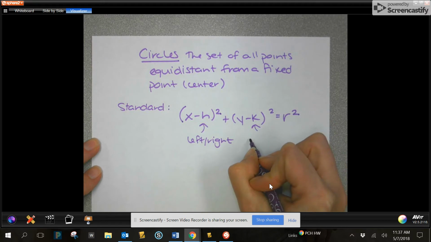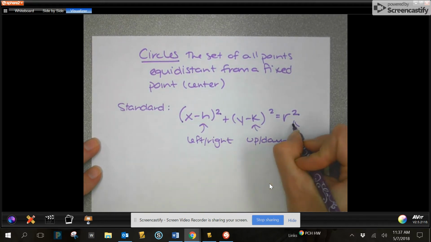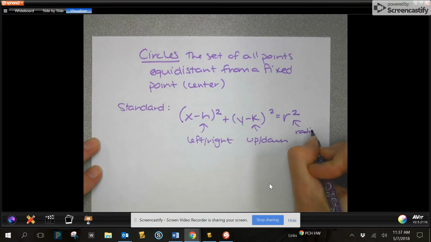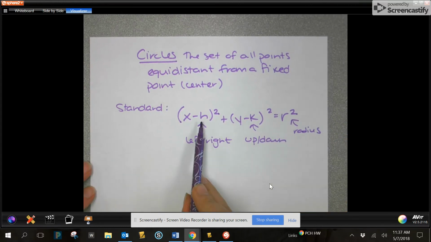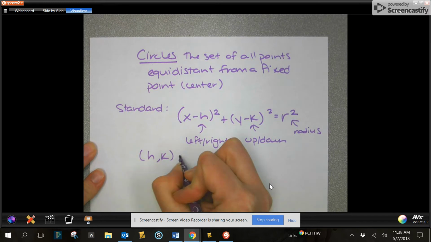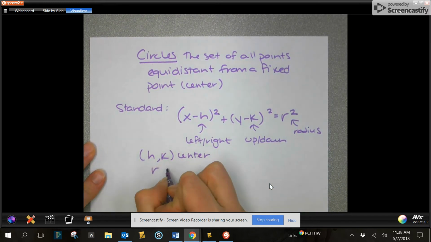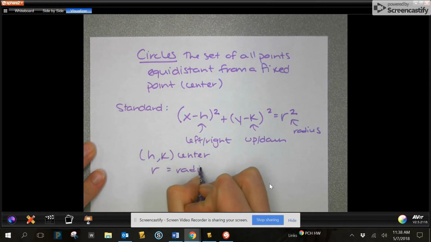This is going to move the circle up or down, and r here is the radius. So one thing you need to remember is that this built-in negative sign is going to move it the opposite way that you might think. So (h, k) is the center of the circle, and r is the radius.